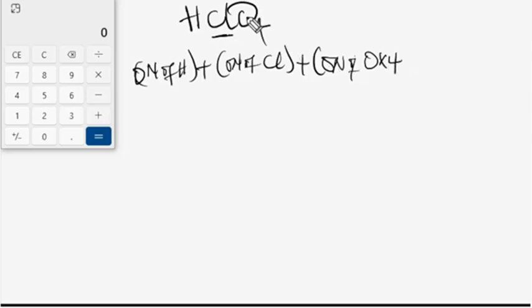So remember that oxygen is 4 here, so you're going to multiply it by 4 and then equate this to 0 because there is no charge here. If there is a charge here, you equate it to the charge you have here.